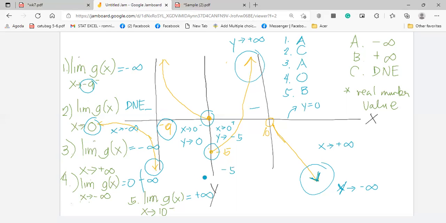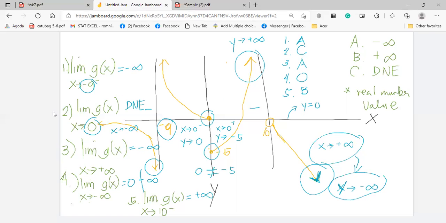Left of 0, ang y nilalapitan ng 0. 0 versus negative 5, not equal. So the answer is DNE. Number 3, ang ginagawa ng x habang nag-i-increase ay siya namang ginagawang nagdi-decrease naman ng y. Arrow na pababa indicates negative infinity. The answer is negative infinity.